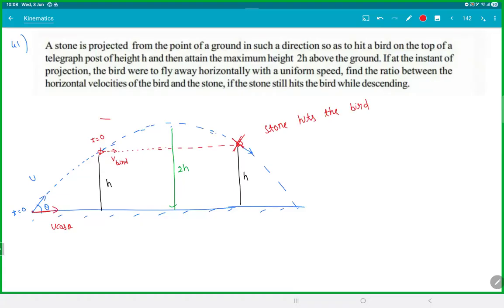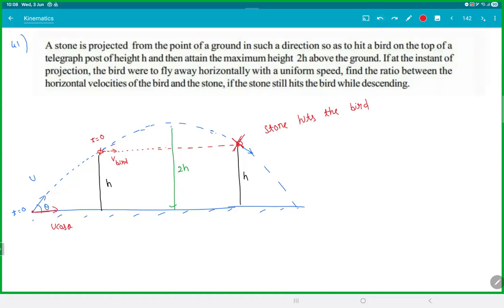Initially the bird was here. You threw the stone. At the same time, the bird started flying horizontally. As it is flying, the stone is coming, and the bird gets hit here. The bird is flying horizontally, so the height should remain the same. So basically, symmetrically, it is getting hit on the other side.